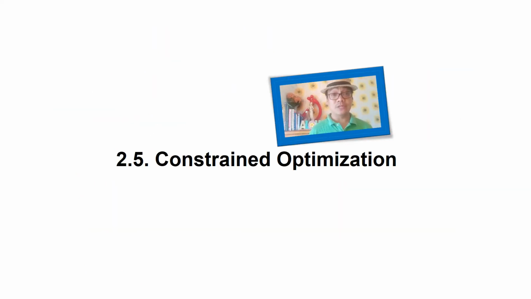Constrained optimization. Most of the time, firms face constraints in their optimization decisions. For instance, limitations on production capacity, availability of skilled personnel, or supply of crucial raw materials. It may also face legal and environmental constraints.